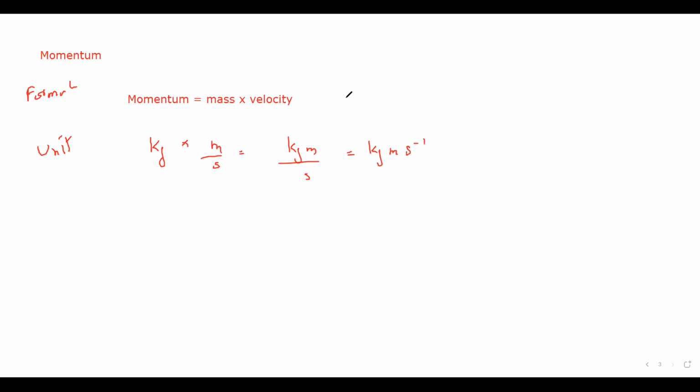So a physical quantity can be a scalar quantity, can be a vector quantity.